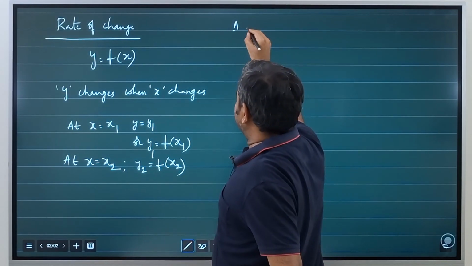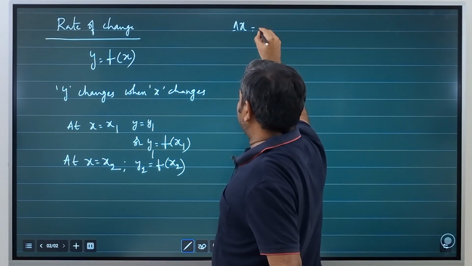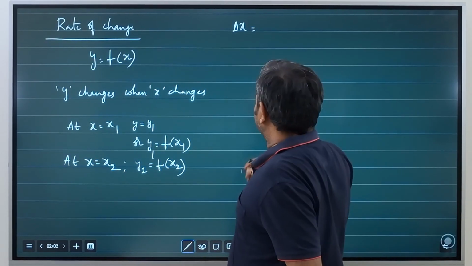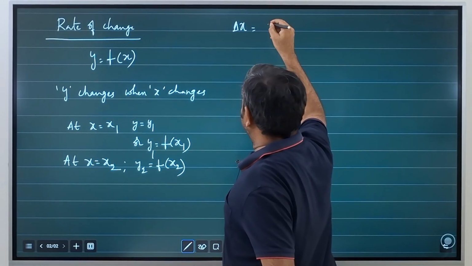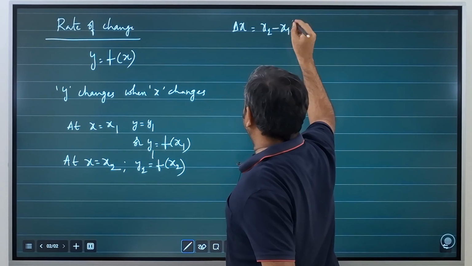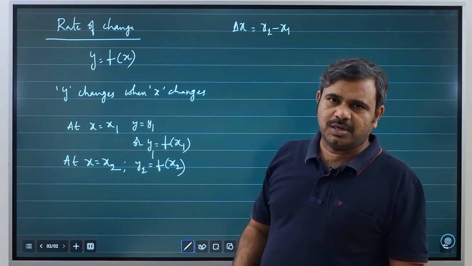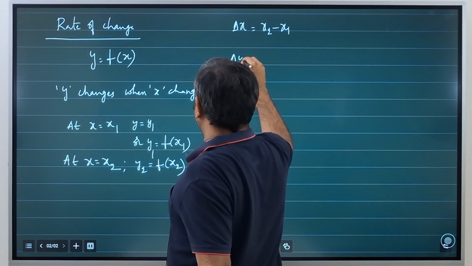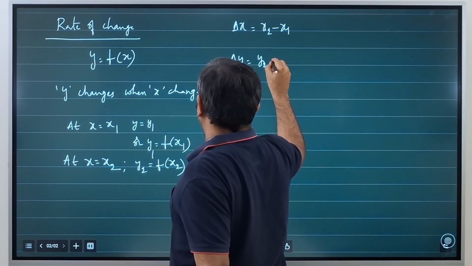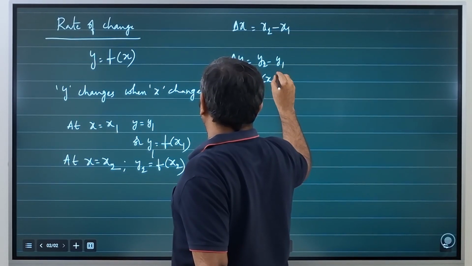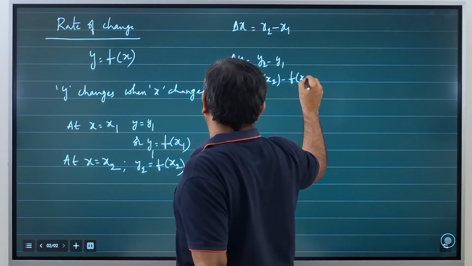Here change in x is denoted by delta x. Delta indicates the change. x has changed from x1 to x2, so x2 minus x1 is change in x. Change in y is of course y2 minus y1, or we can write f of x2 minus f of x1.